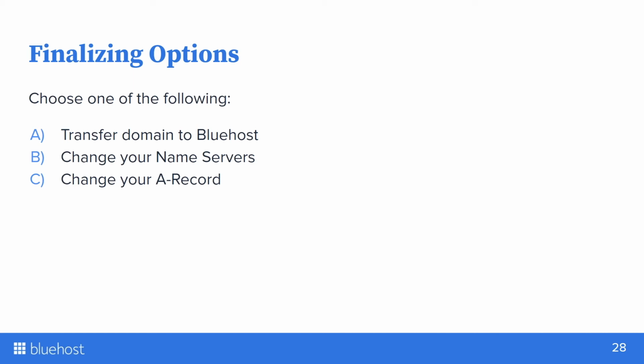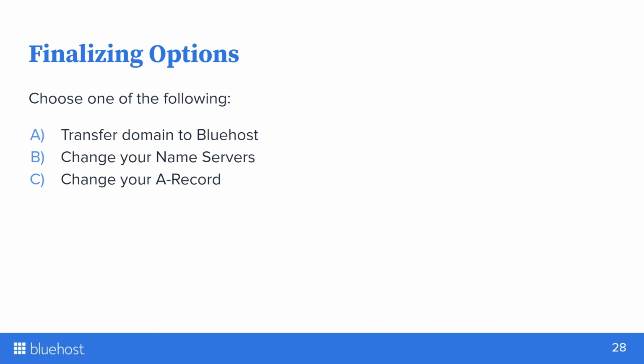And they will give you the steps that are needed to do this. So that's one option. When the transfer of the domain happens, it might take a couple of days, but once the transfer is done, what usually happens is some stuff gets changed in the background to automatically point your server and your domain to your files on Bluehost, so pretty much everything you've configured. So that's one option for you.